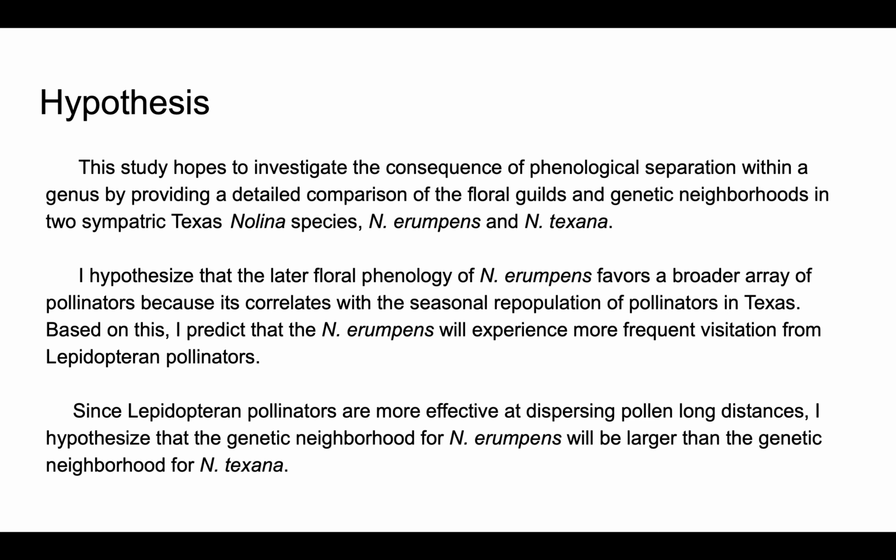My hypothesis is that the later floral phenology of Nolina erumpens, the larger one, favors a broader array of pollinators because it correlates with the seasonal repopulation of pollinators in Texas. Based on this, I suspect that it will have more frequent visitation from Lepidopteran pollinators. And like I mentioned before, since Lepidopteran pollinators are more effective at dispersing pollen long distances, I expect that the genetic neighborhood for Nolina erumpens will be larger.